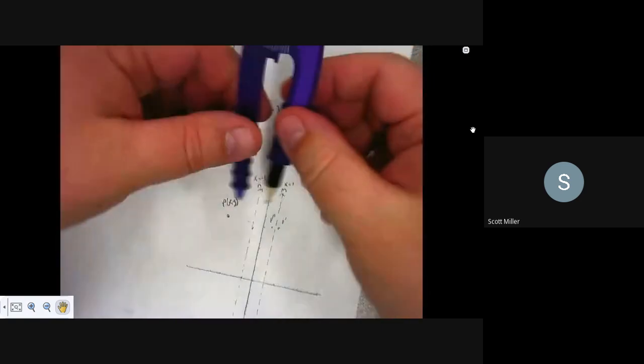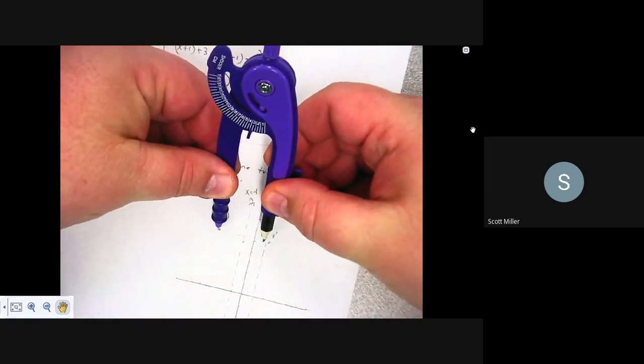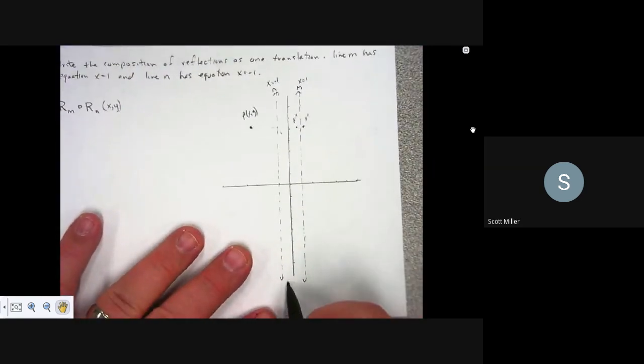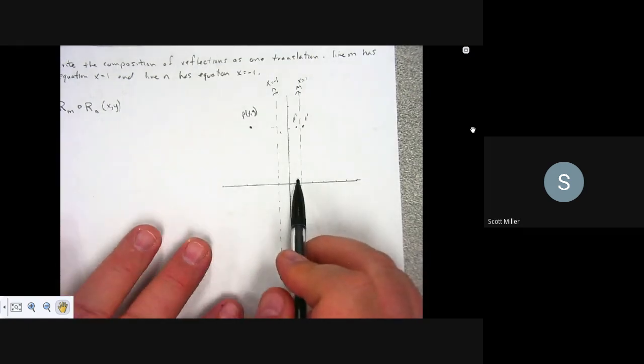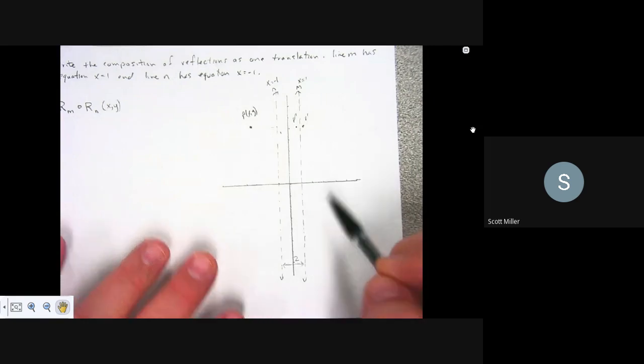So the question then becomes, what is that distance right there? How do I find that? Well, we know what that distance is, because the distance from here to here is 2. That's how far apart those two parallel lines are. So that means the distance from here to here is twice that, or a distance of 4.